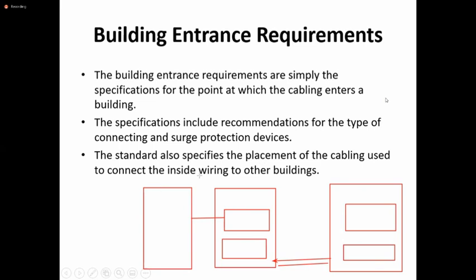So this contains the safety things as well, right? Especially, you can't just have wires hanging outside buildings, right? Especially copper cables. Temporarily, you might have that, but there is a risk, especially lightning and things like that.